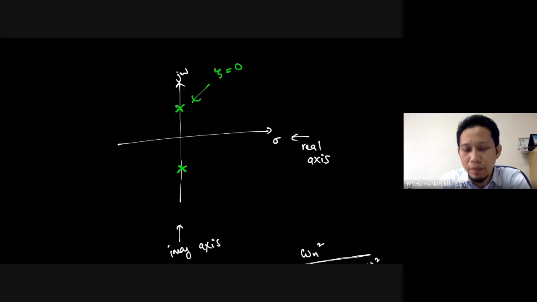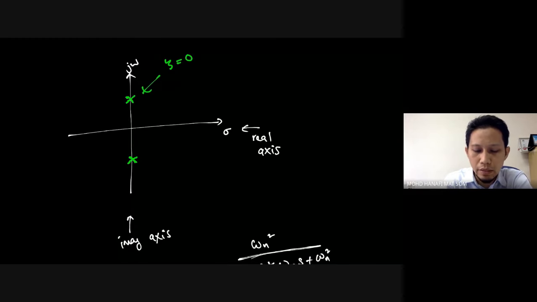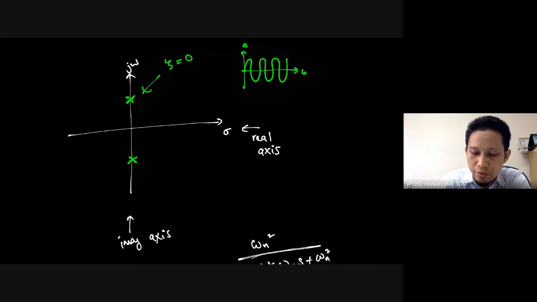When we have the damping ratio equals to 0, at j omega we have oscillation. At j omega we have the natural frequency. And what we have is sinusoidal. The response would be something like this. This is t, this is our amplitude, and the sinusoid becomes like this.